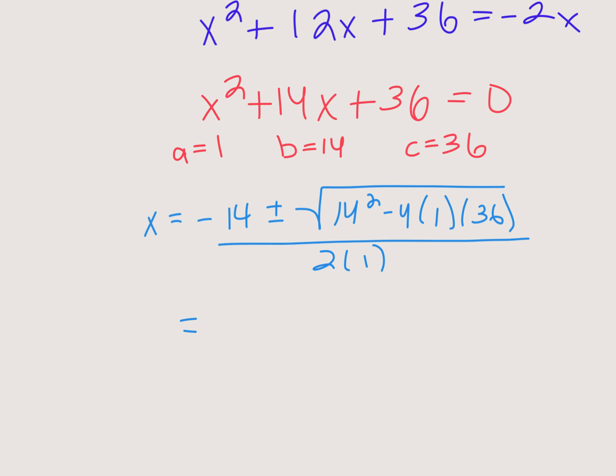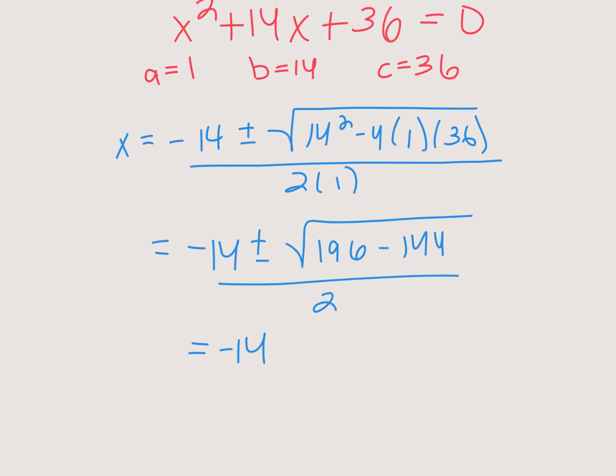Ooh, that's ugly. Plus or minus. What's 14 squared, guys? 196. Good. Negative 4 times 1 times 36. What's 36 times 4? Negative 144. All over 2.